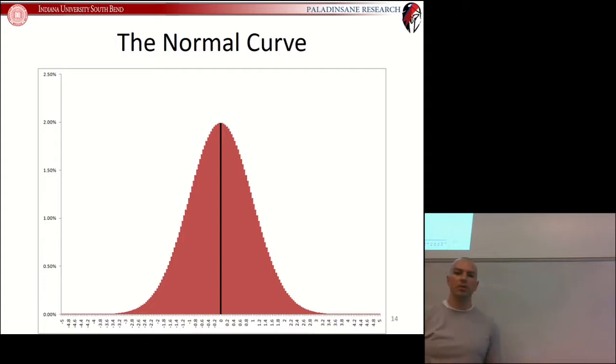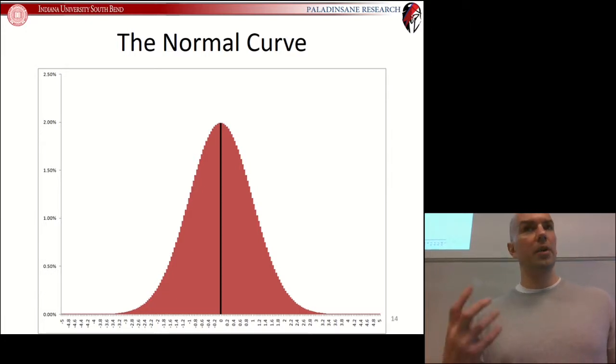This is a distribution that occurs over and over again in our universe, and specifically in psychology, because of the nature of how people's behavior is determined.